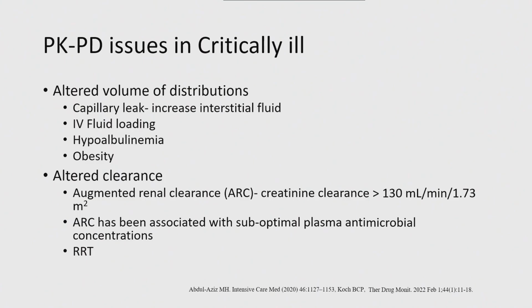And that's how the effective circulating concentration goes down. IV fluid loading is a very important principle of handling a critically ill patient who has come to the ICU with septic shock.